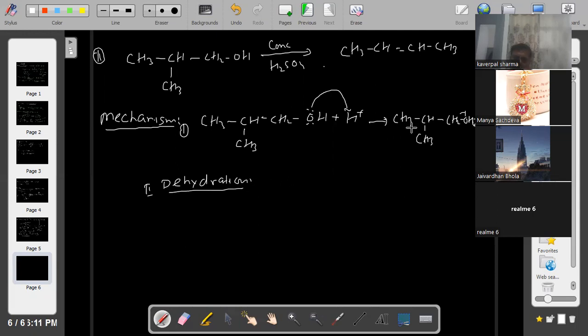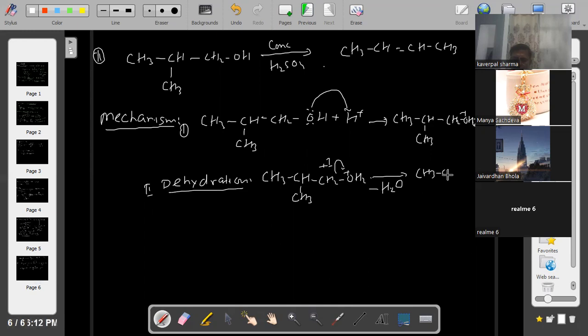In such a case, the carbocation CH3CH(CH3)CH2+ will gain electrons from the carbon chain due to the positive inductive effect. Then minus H2O.